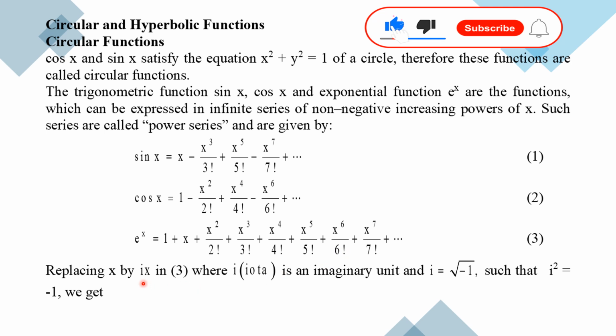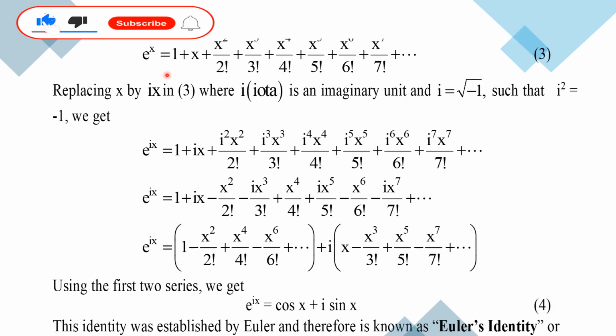We replace x by iota x in equation number 3, where iota is the imaginary unit. Iota is equal to square root of minus 1, iota squared is equal to minus 1. So in e power x, we replace x with iota x, and then you will have this series.